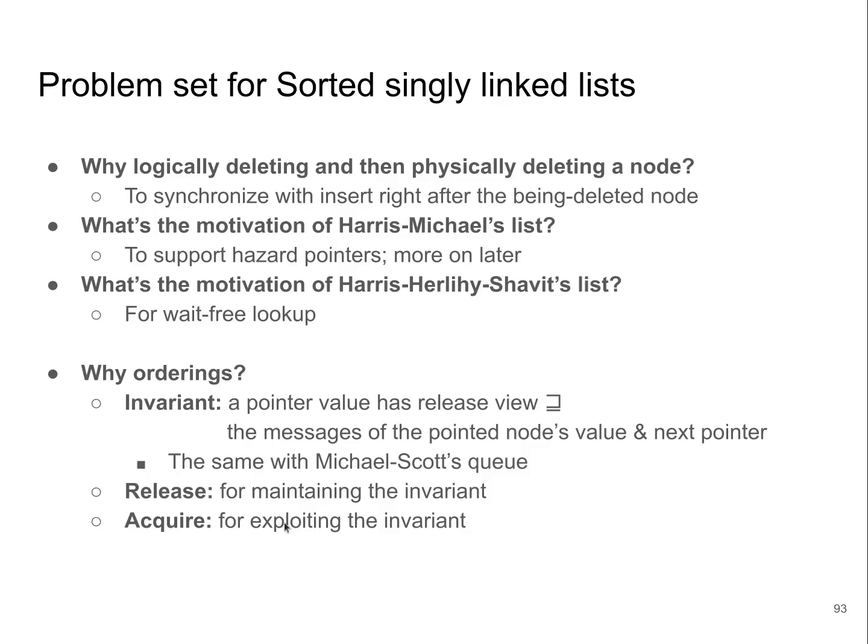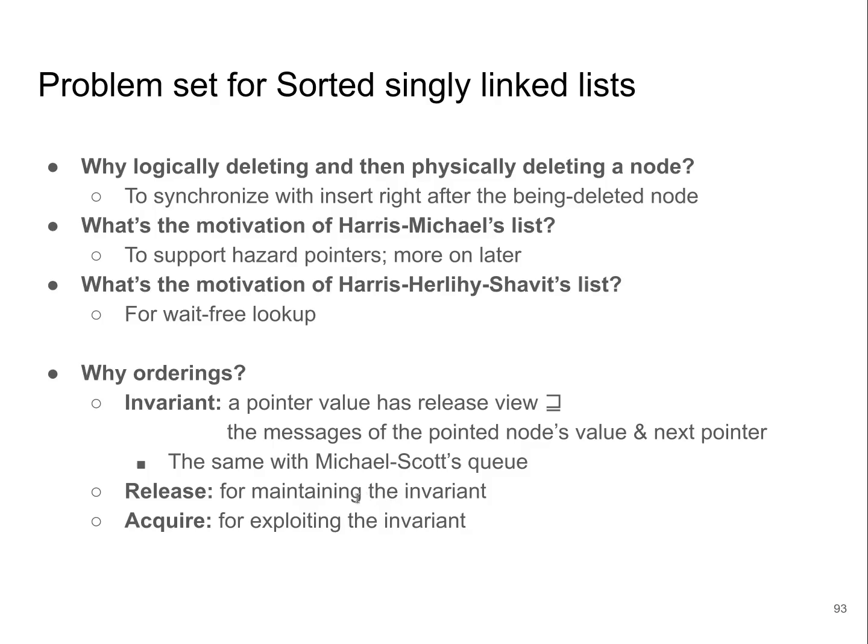So the previous was this, and it is being updated to point to the current pointer. And we need to do it with release because we want to establish the invariant. The invariant is that this pointer, which now becomes pointing to the current node, has a release view greater than or equal to the current node's key value and the next pointer.